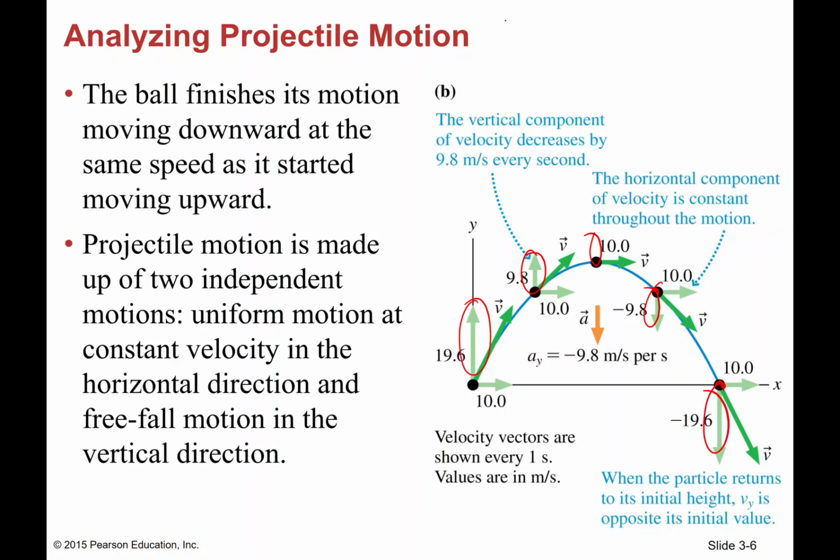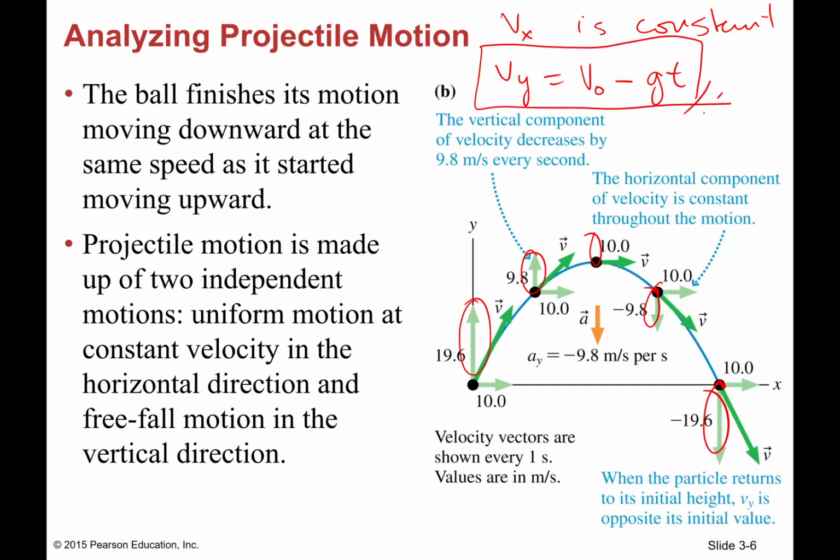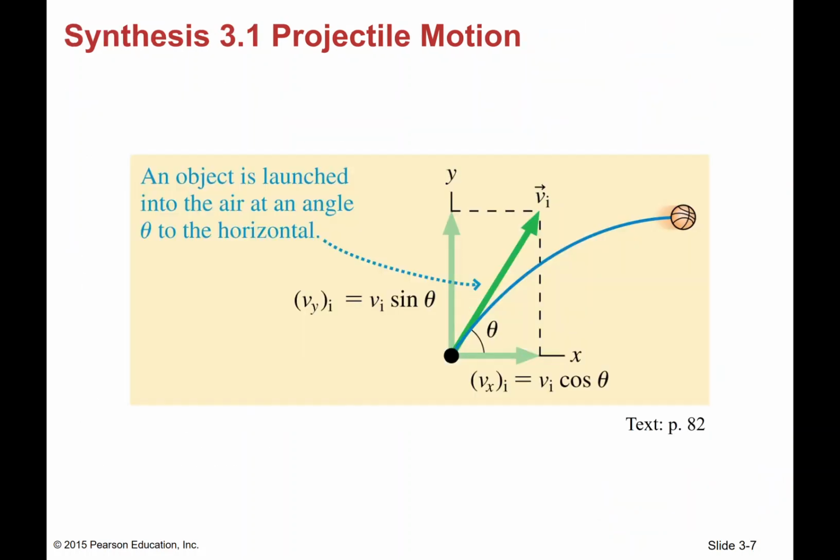So the velocity in the x direction is constant. The velocity in the y direction obeys the initial velocity minus g times t. That is the equation that the velocity in the vertical component obeys. So you have those two independent motions, you have this acceleration, and that is actually all you need to understand projectile motion.